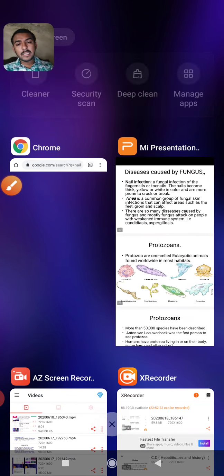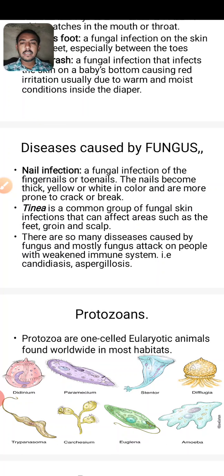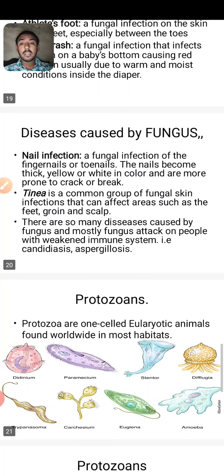Okay, another disease caused by fungi is tinea. It is again a common group of fungal skin infections that can affect areas such as the feet, groin, and scalp. It can hit your head, it could happen on your feet, and there are some other parts where it could happen.